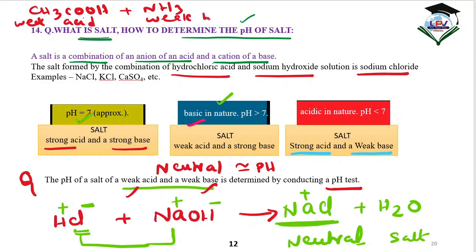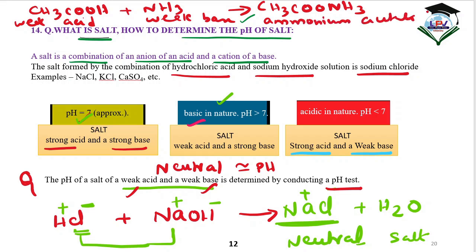When you take these two, you will get CH3COONH4, which is your ammonium acetate. And this ammonium acetate is a neutral one, so its pH has to be 7.